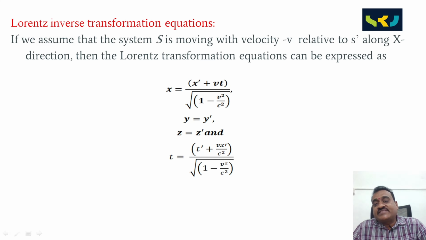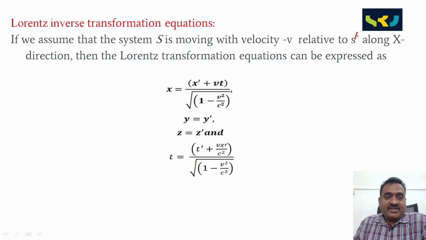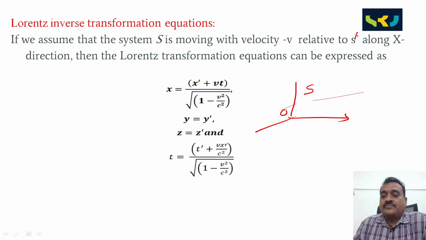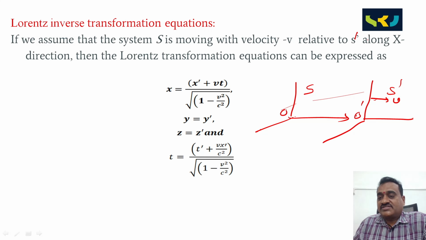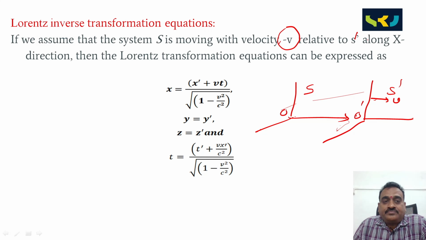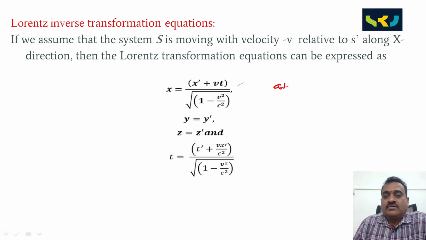If we assume that the system S is moving with a velocity minus v relative to the S dash system along the x direction, then the Lorentz transformation equation can be expressed by taking, in place of v, minus v. Previously, in the Lorentz transformation equation, the system S dash was moving along with the constant velocity v, but here, for the inverse, it is minus v.